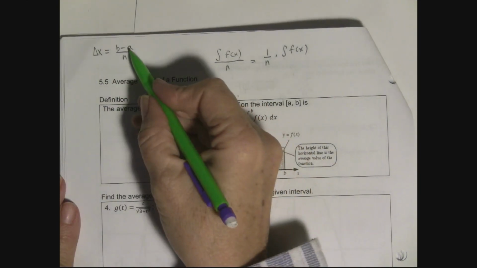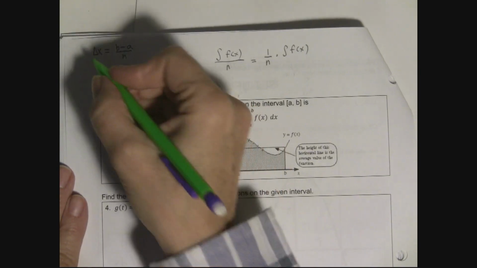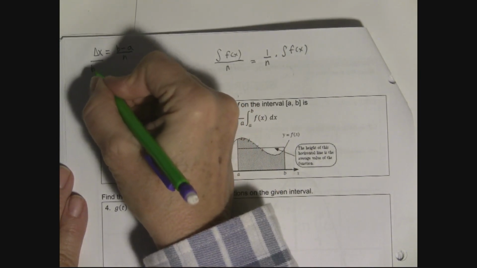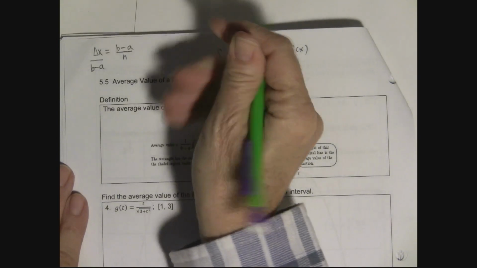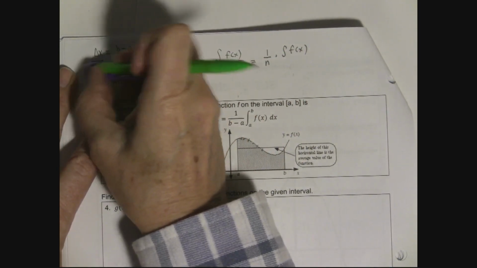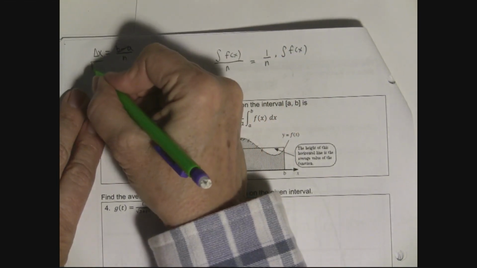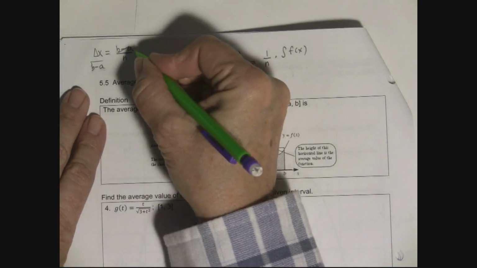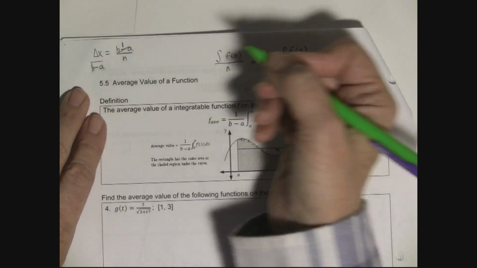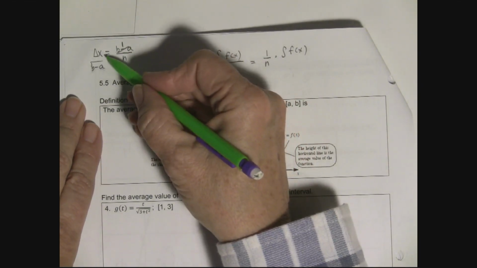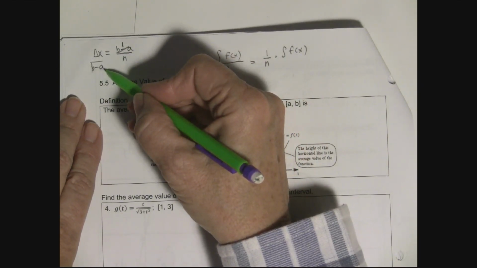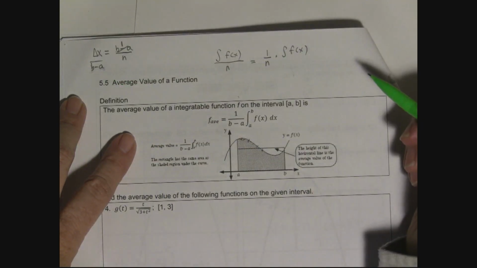If I divide by b minus a, I'm dividing by it, cross multiplying, whatever you want to do, that would cross it out of there and make 1 up there. So that would be 1 over n equals delta x, which is dx, over b minus a. And so that's what 1 over n is.